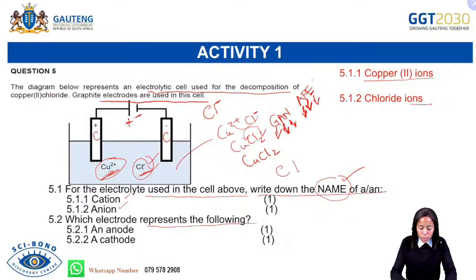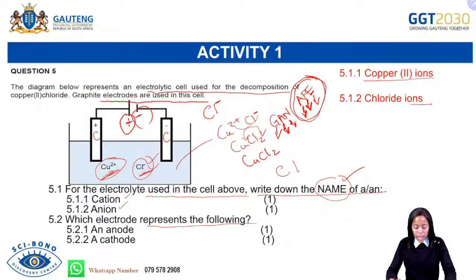So if the anode is positive, therefore, even if we don't have the cathode, then we will automatically know that the cathode is negative then.